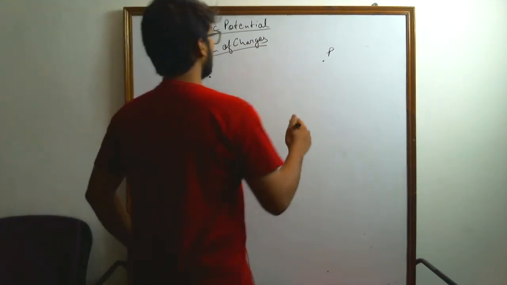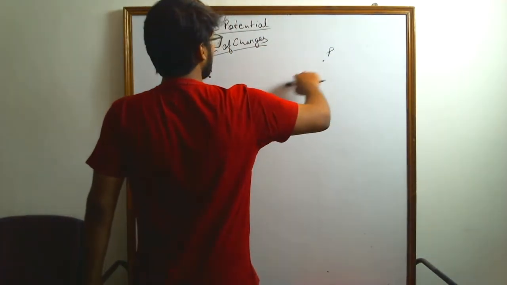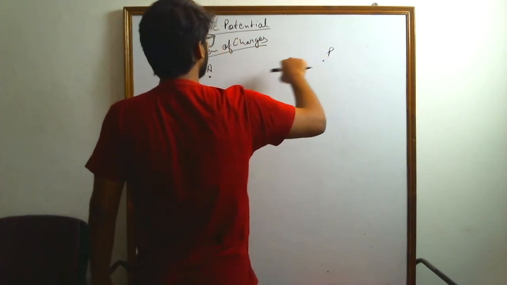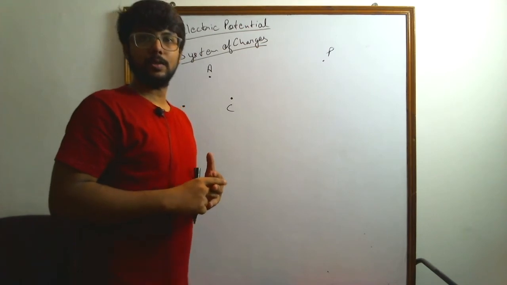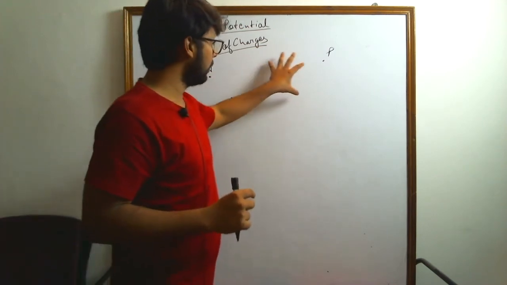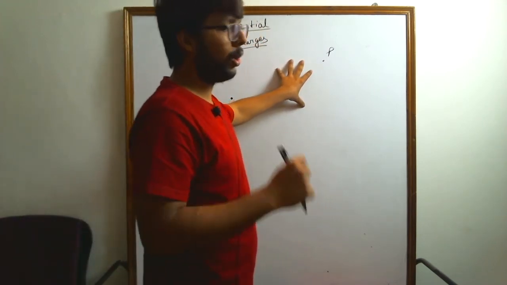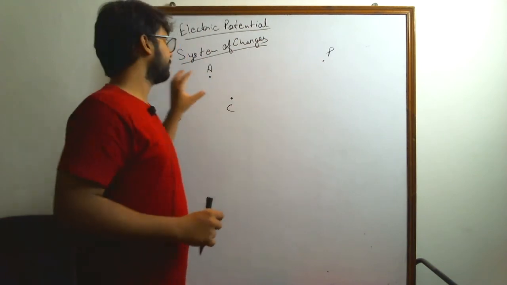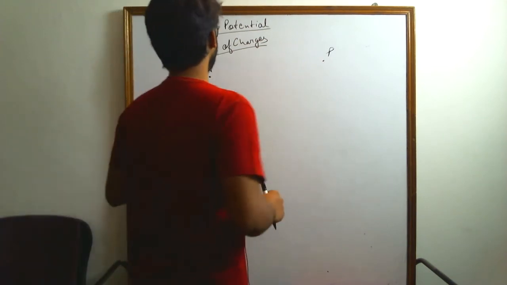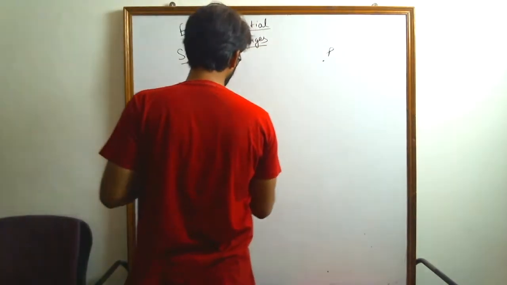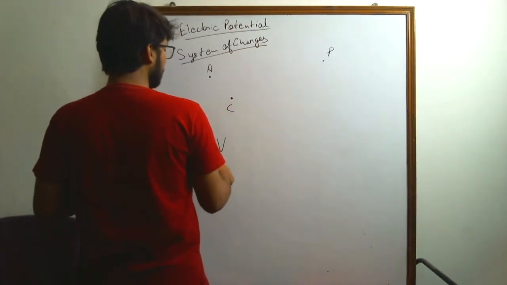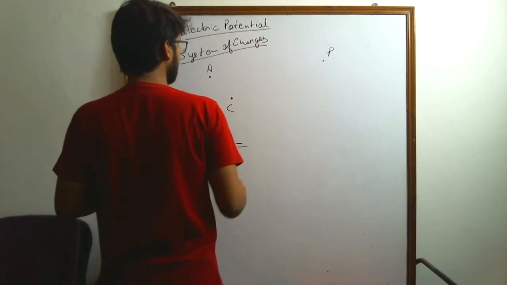Very simply, what's going to happen is the electric field over here will be a sum total of the electric field by these charges. So it follows the superposition law of electric field, and that's why I can use this system of charges as a concept.